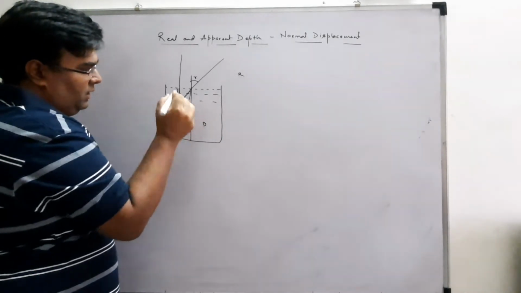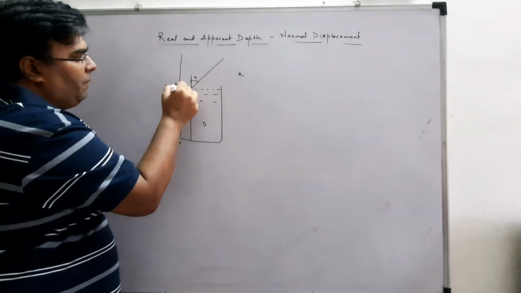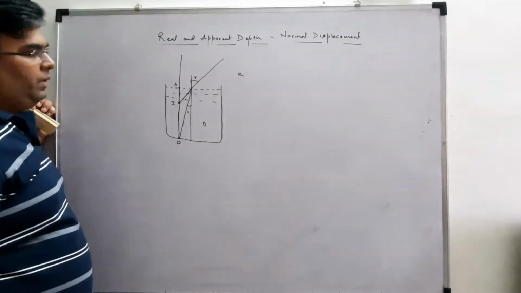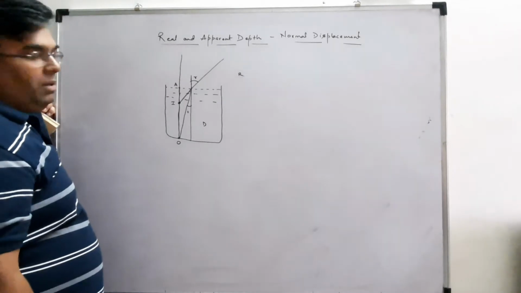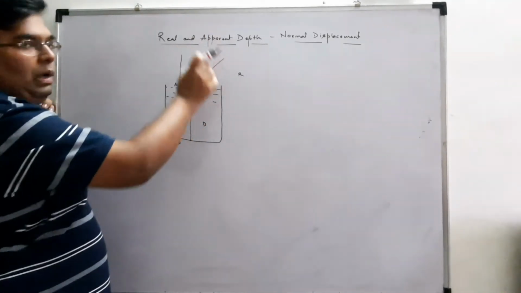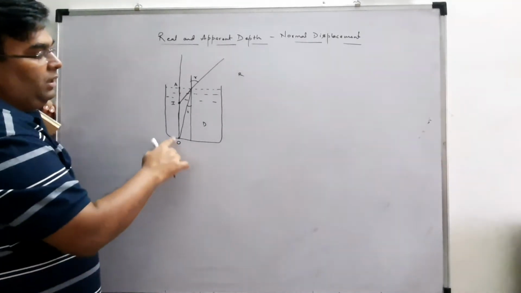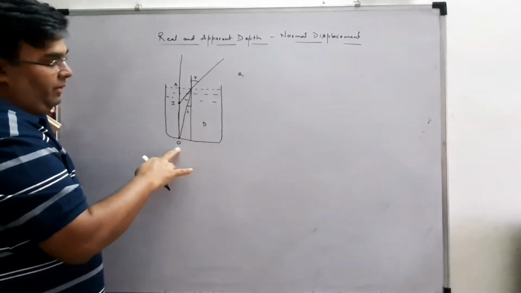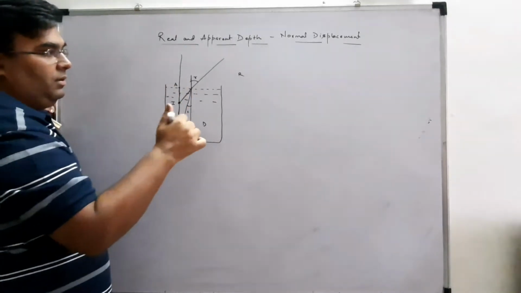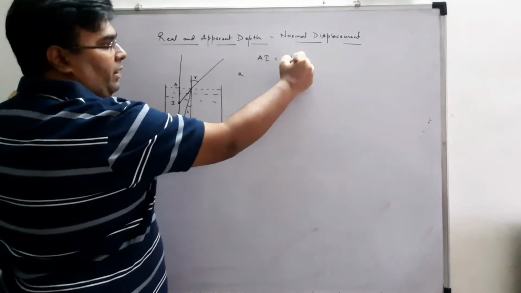Let us see. This is I, this is O, this is A. So my image is formed here, which means anybody who is looking from outside will see the image of the object here, it will not be here. So this AI is my apparent depth.